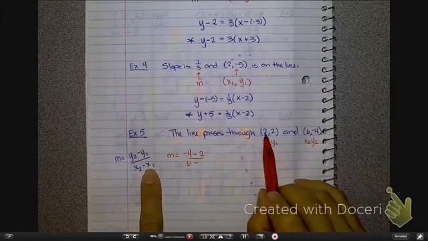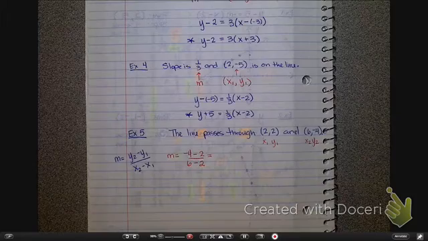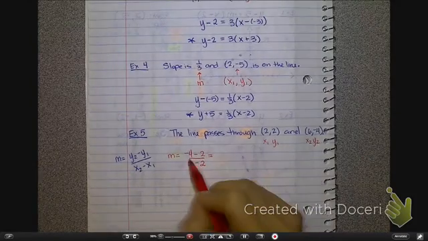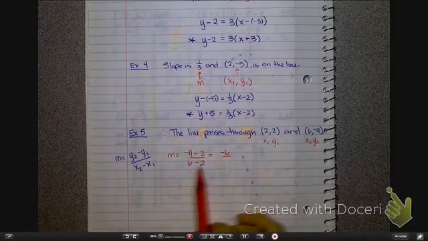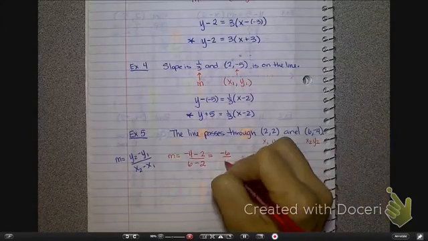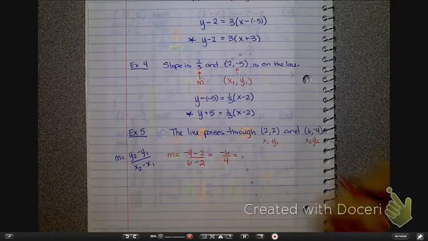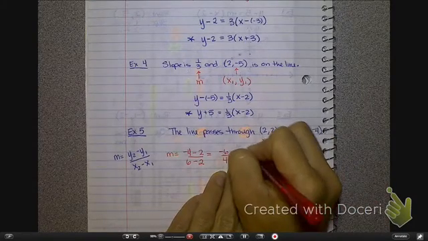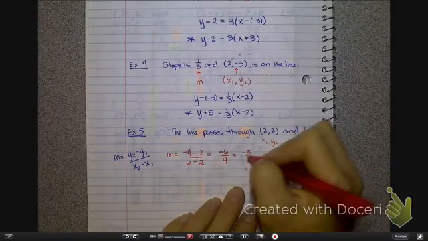What was x1? 2. Okay, so now we need to figure out the slope. So on the top, this gives me negative 6 over on the bottom, what does that give me? 4. Okay, now can we reduce this? Yeah, what is it going to reduce to? Negative 3 over 2. Okay, so now we've found our slope.